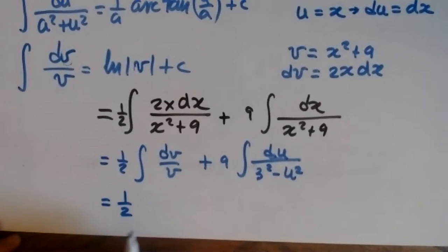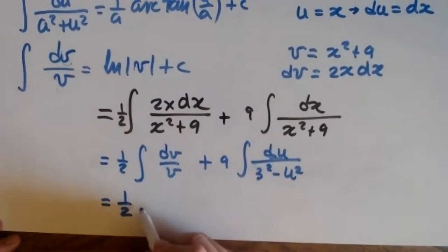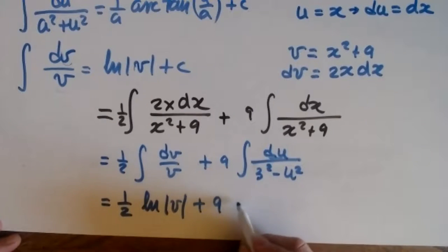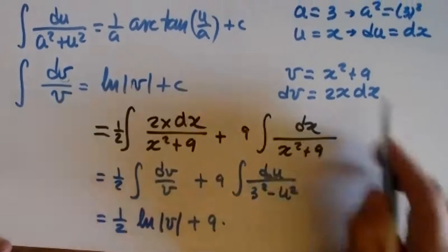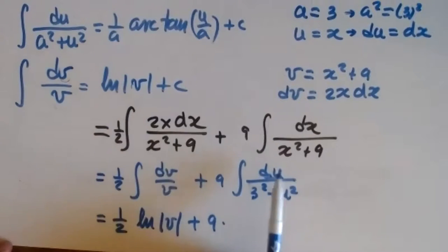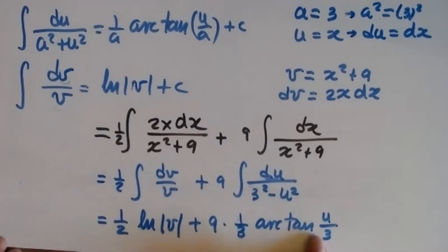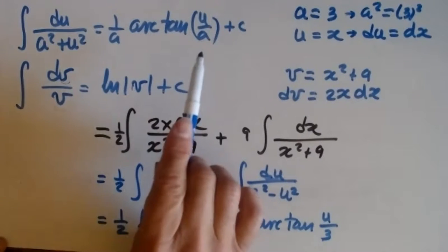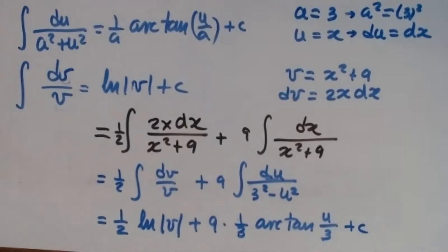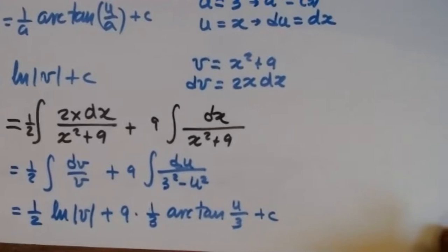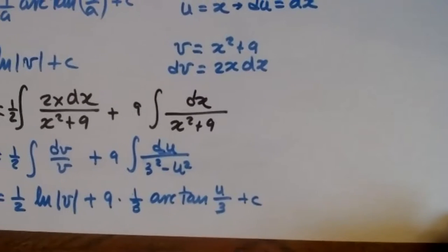This is 1/2 ln of absolute value of v, plus 9 times 1 over a. Well, a is 3, so it's going to be 1/3 the arctangent of u over 3, correct? U over 3. Same formula, correct? Plus my constant. Now, I'm not going to fit right here, so I'm going to move to the right a little bit.